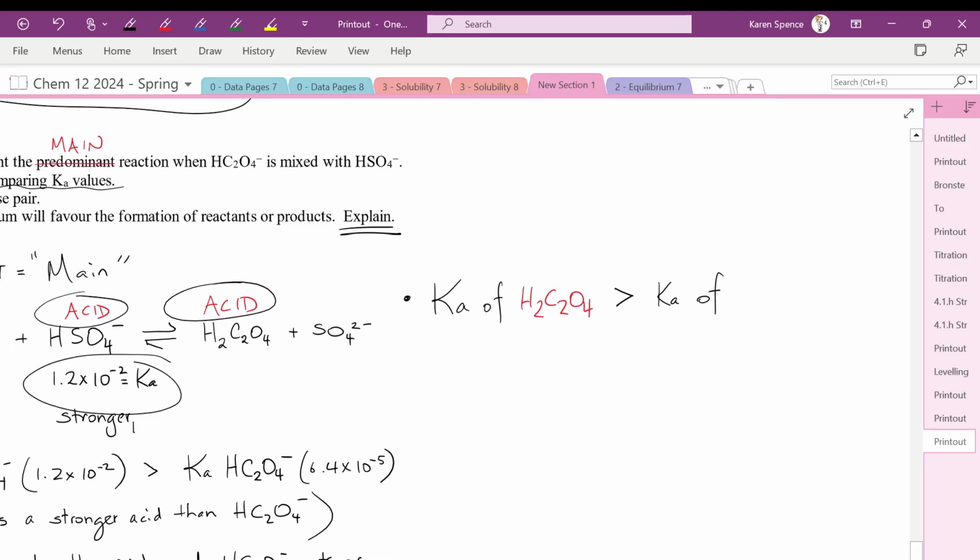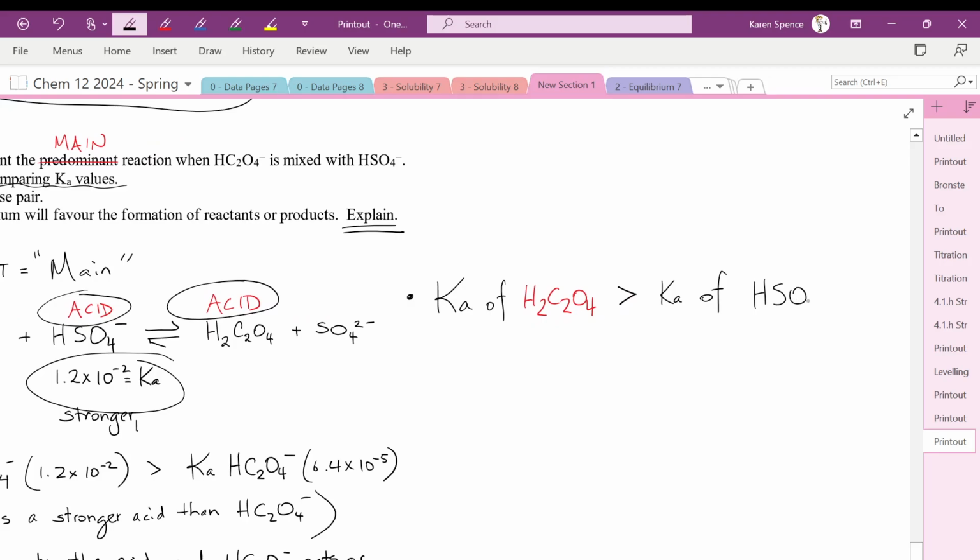Therefore, H2C2O4 is the stronger acid. Very good.